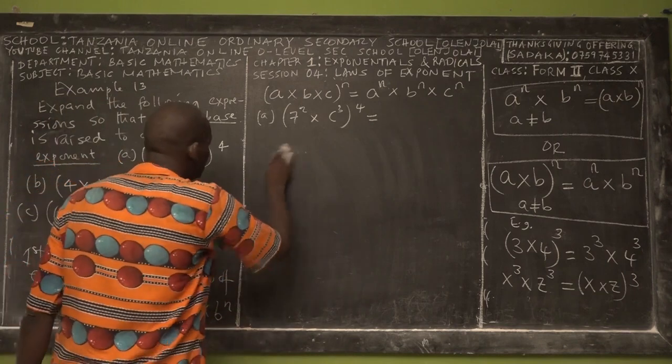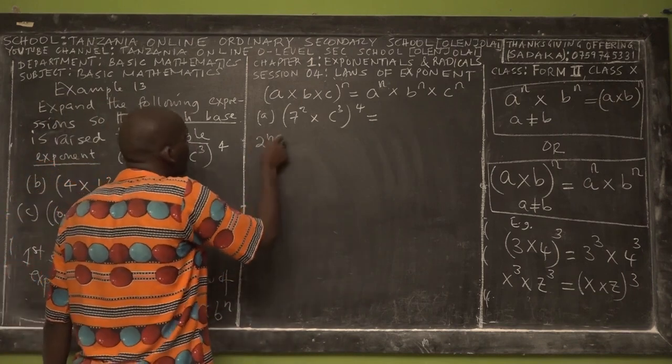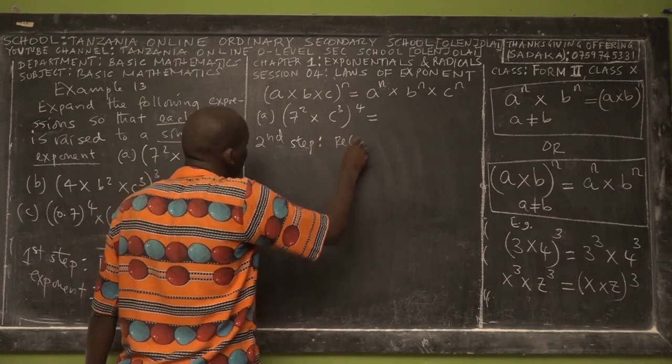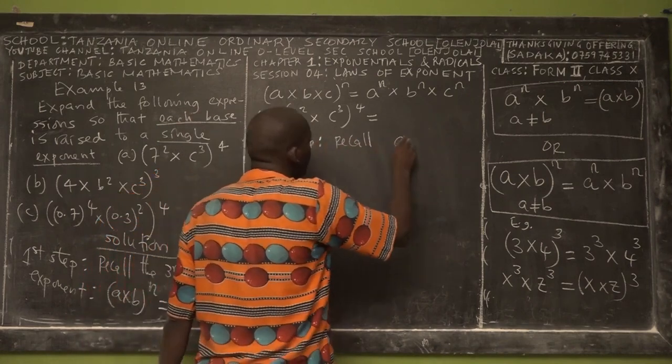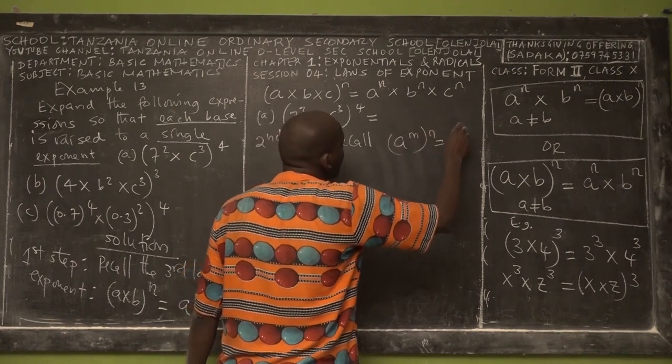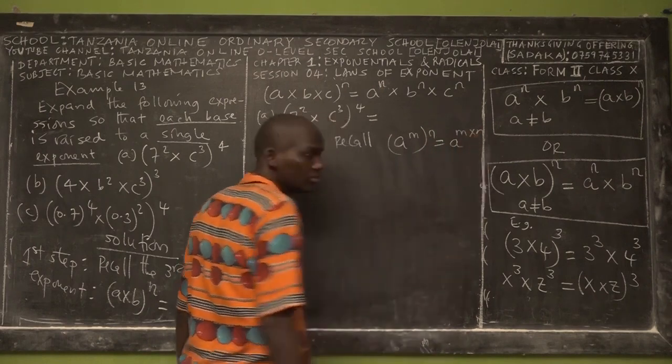So the second step: you have to recall that (a power m) power n is equal to a power m times n.